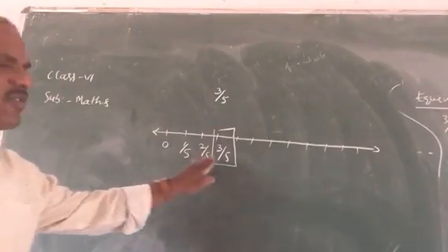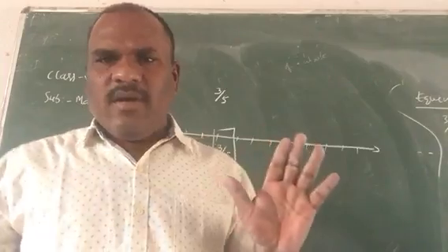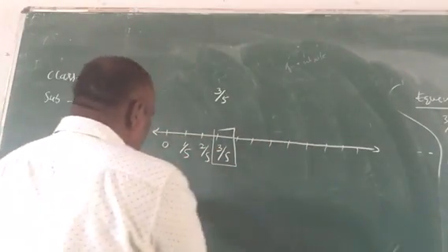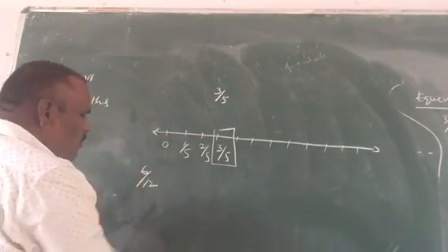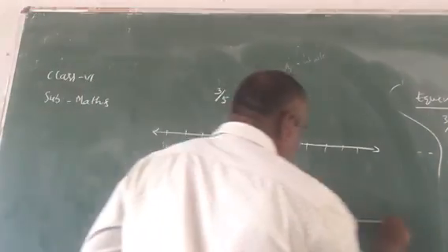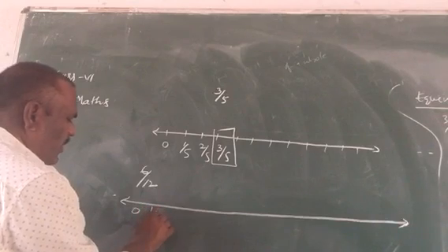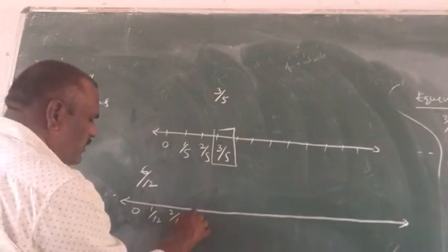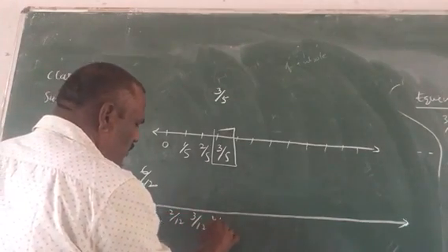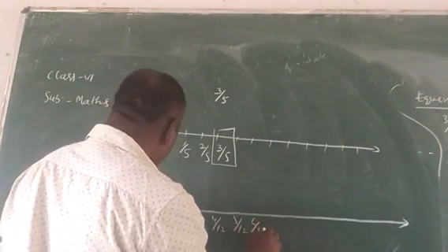So like that you have to represent any fraction on the number line. For example, children, 6 by 12. If you want to show it on the number line, just draw the line: 0, 1 by 12, 2 by 12, 3 by 12, 4 by 12, 5 by 12 and 6 by 12.